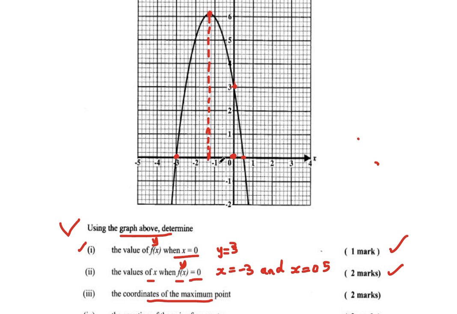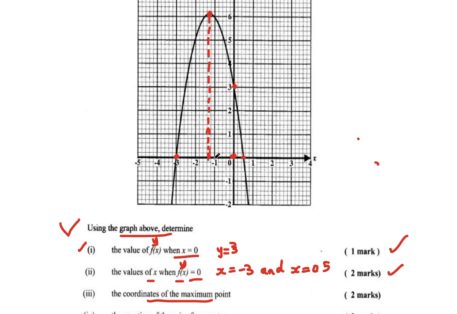Now, we need to count the number of squares in between two numbers to determine how much a particular square is worth. For example, this is 1, 2, 3, 4, 5 squares. So there are 5 squares in between each number, which means each square is worth 0.2.